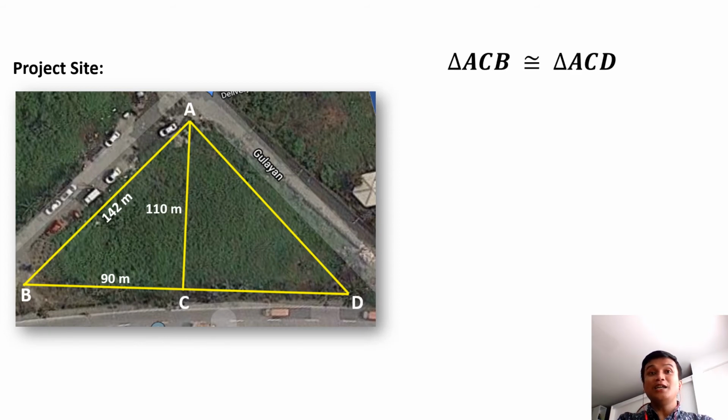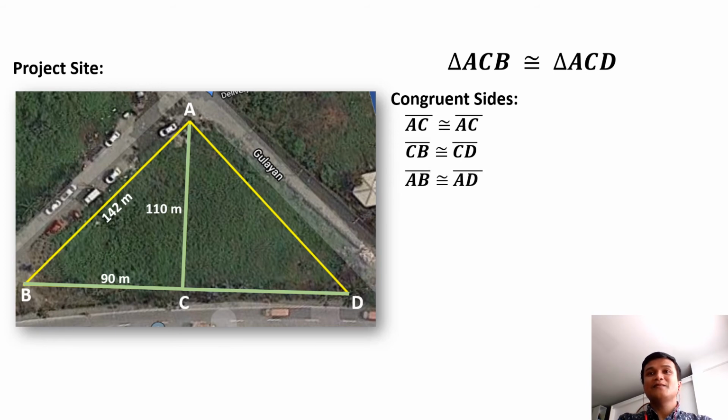Triangle ACB is congruent to triangle ACD, so the congruent sides are segment AC congruent to segment AC, segment CB congruent to segment CD, and segment AB congruent to segment AD.